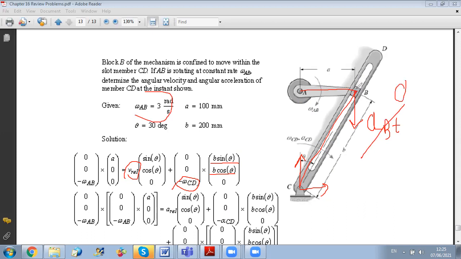So you only have a normal component for the acceleration of B, and it's along minus i, directed towards the center of rotation, and in magnitude it is equal to omega AB squared, which is given, times R. Here R is the A. As you can see, here they put the long vectorial formula. If you do this expansion, you will get minus omega squared times A along i. This is the absolute acceleration of B.